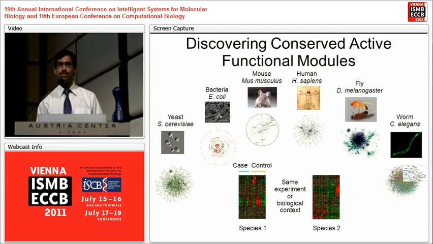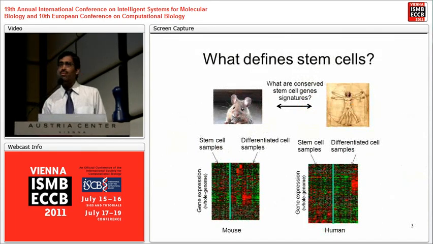Let us consider one specific problem. We were interested in finding out what defines a stem cell, what makes a stem cell. So we had expression data of stem cells with respect to differentiating cells for both mouse and human organisms, and we wanted to discover what are conserved stem cell signatures in the two expression datasets.